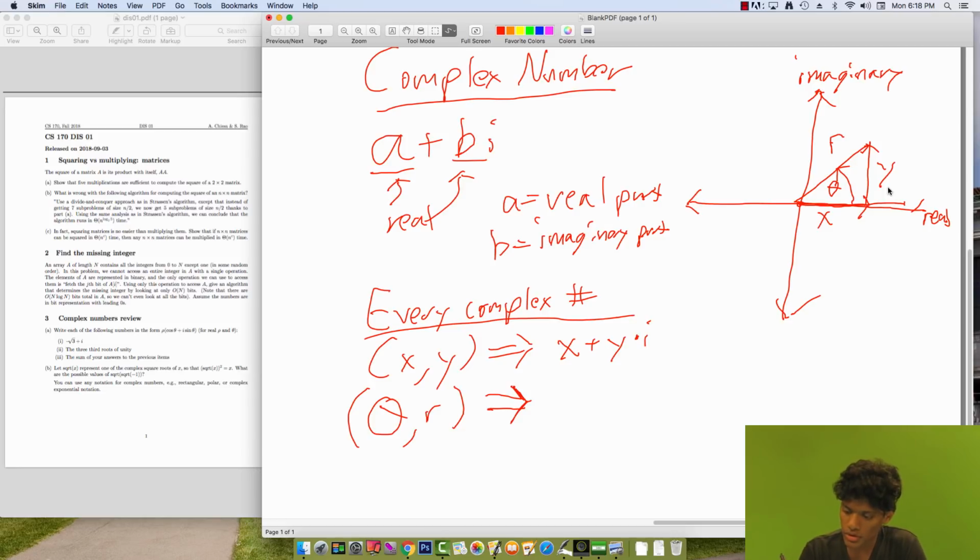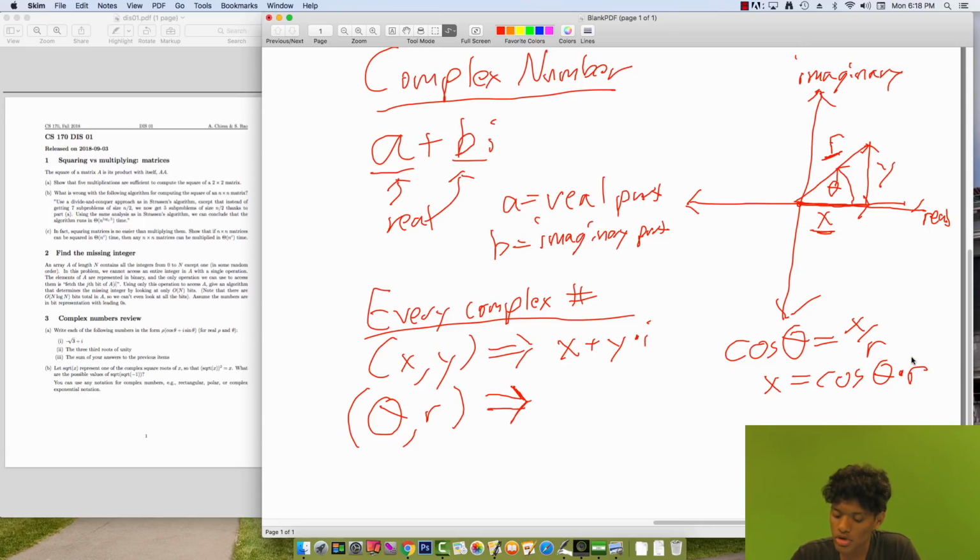Okay, so let's think about cosine theta. In a right triangle, cosine is equal to the adjacent side of the angle divided by the hypotenuse. So cosine of theta is equal to x over r, which tells us that x equals cosine theta times r.